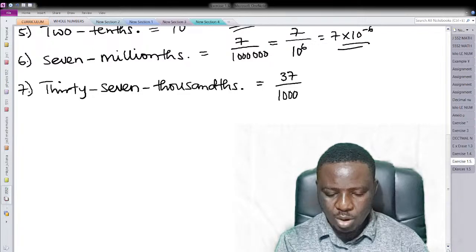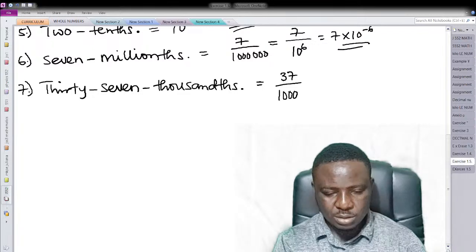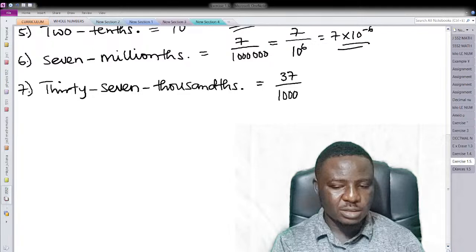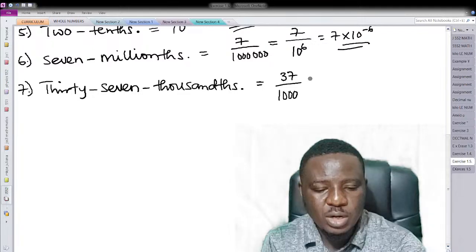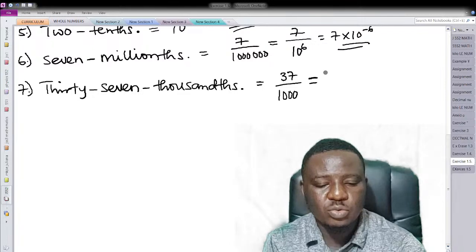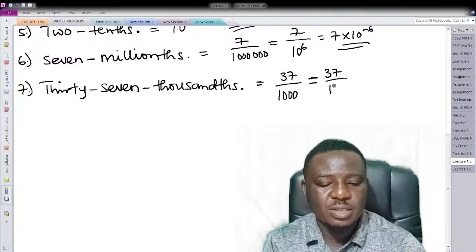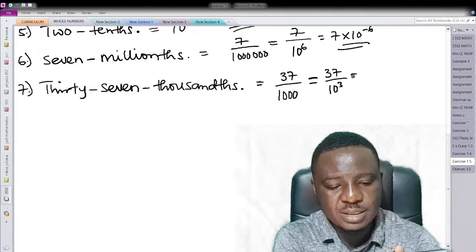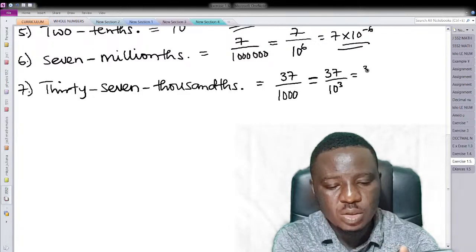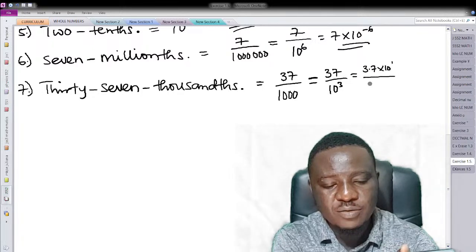Okay, and the power of 10 is now what? What did you get as the power of 10? Minus 2. Okay, so look at the board now. I'm going to simplify it further. This is going to be 37 divided by 10 raised to the power of 3, and this is equal to 3.7 times 10 raised to the power of 1 divided by 10 raised to the power of 3.